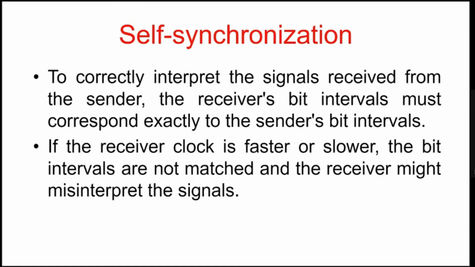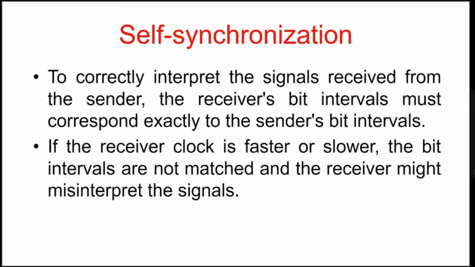To correctly interpret the signals, the receiver checks whether sender and receiver receive the same data or not. That is based on the self-synchronization method. The receiver bit intervals must correspond exactly to the sender bit intervals.